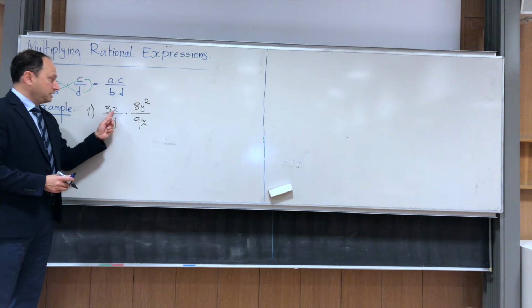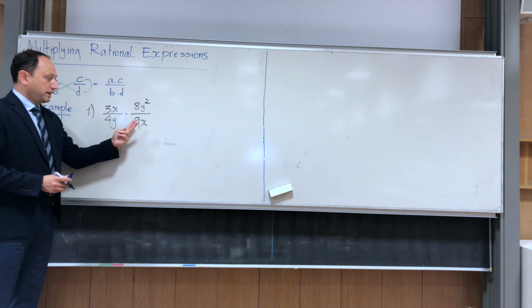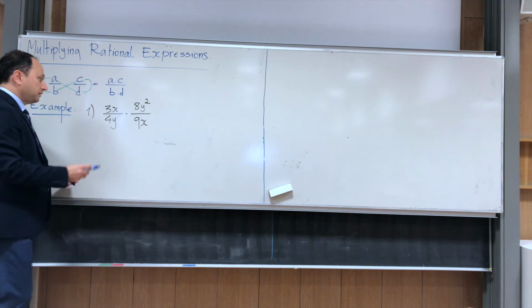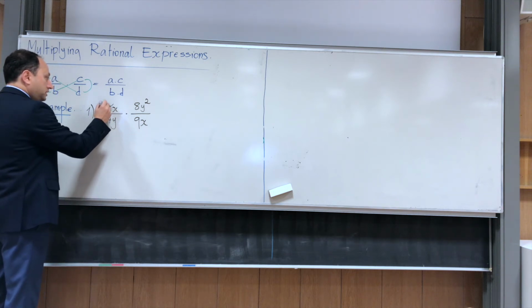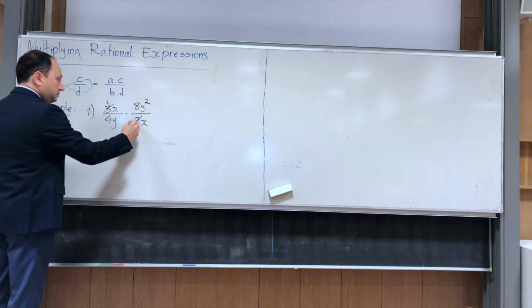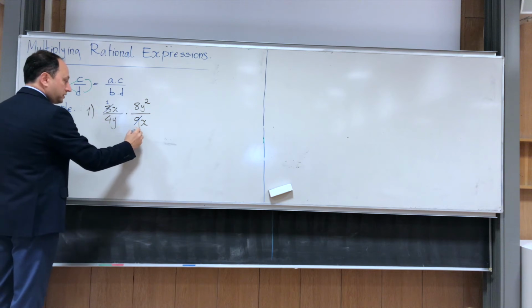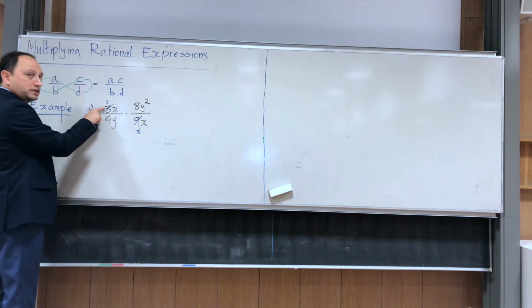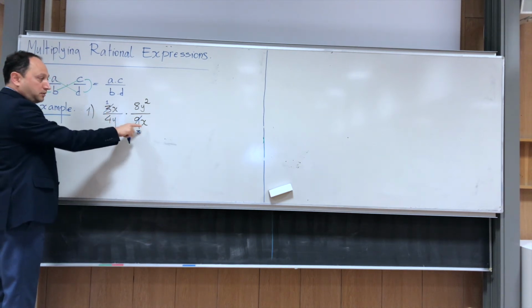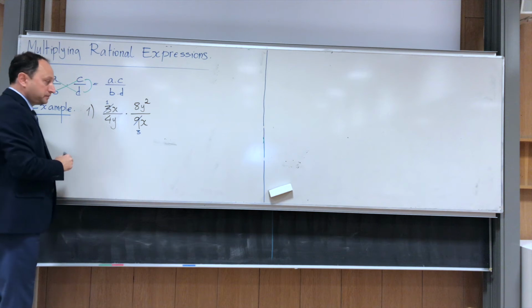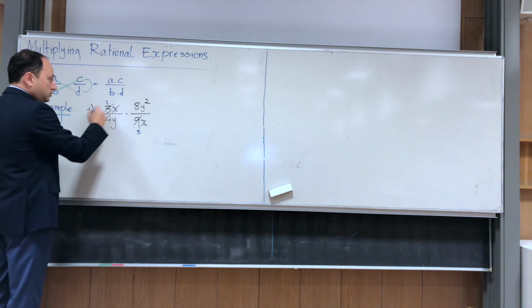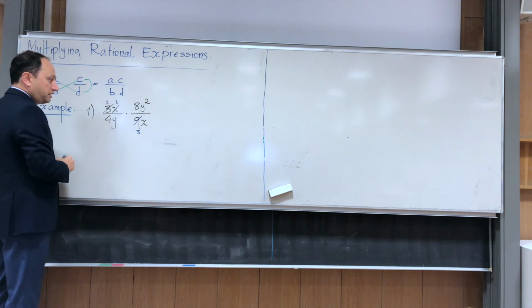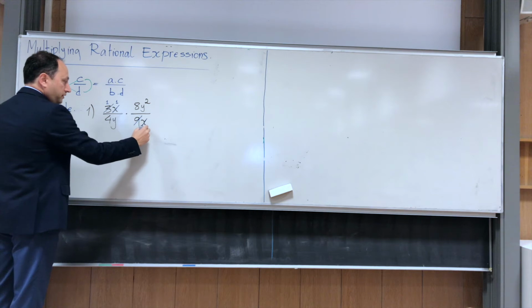I have a factor of 3 and x here. 9 is 2 factors of 3, 3 times 3, and there is 1 factor of x. So yes, I can simplify. I can simplify 3 by 3, it becomes 1. I can simplify this 9 by 3, it becomes 3. So the numerator of one of them with the denominator of the other one, and vice versa. Then x is also another factor, so I simplify this, and I also simplify that.